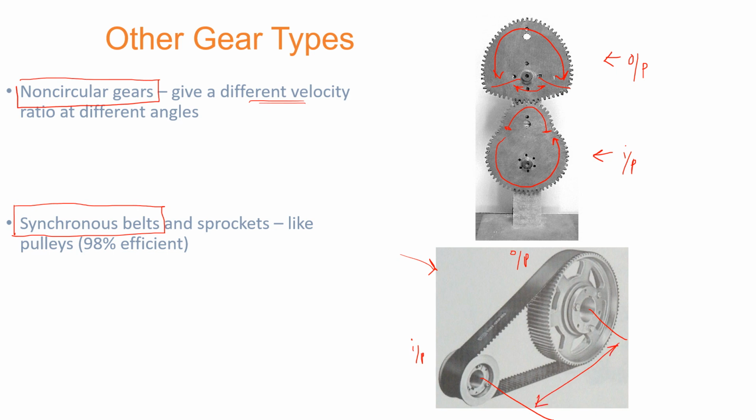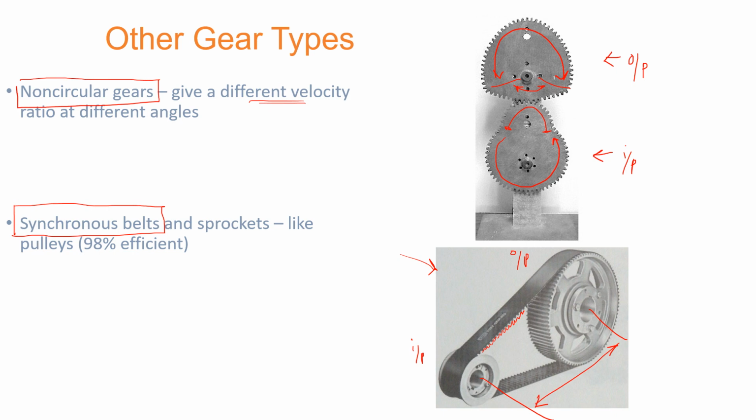So there is one way of placing multiple gears in this distance to reach the output shaft. But alternatively, you can place a timing belt or a synchronous belt in it. And this belt, if you can observe, has teeth over here, and these teeth are going to be engaged with the gears on either side.